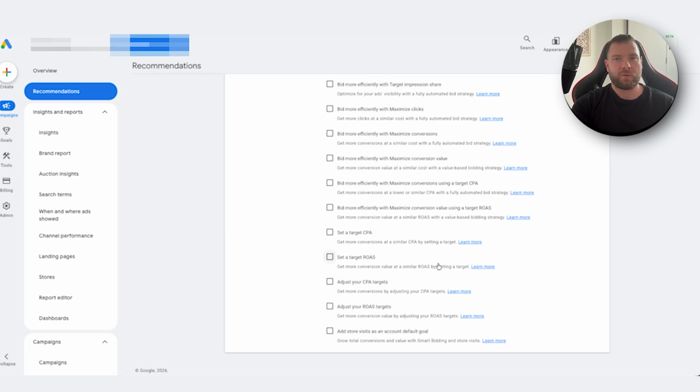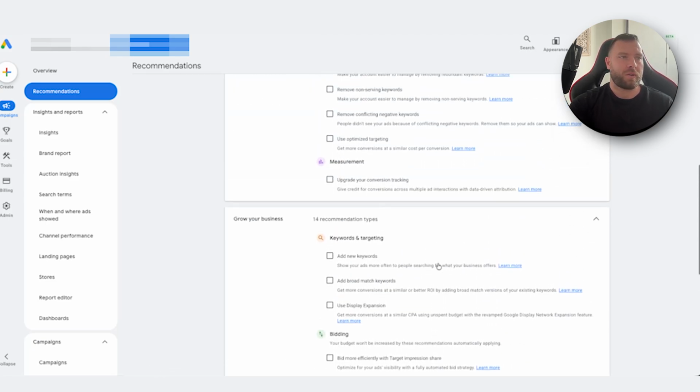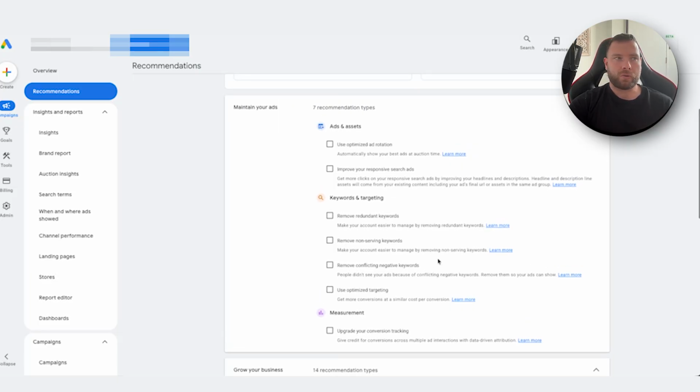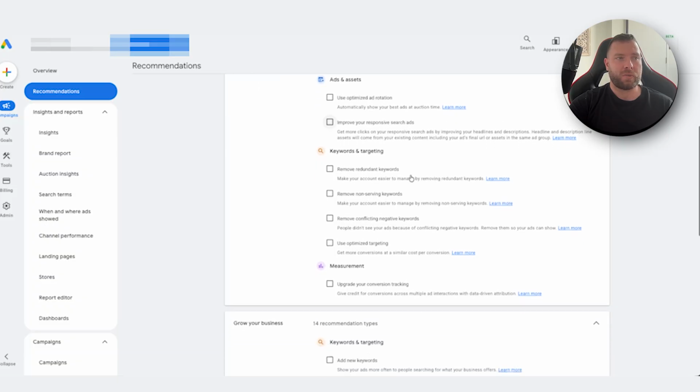Now, we'd recommend turning them all off to make sure that you have complete control of your account and what you do and don't do. But a few of the ones that really affect your campaigns is the improving search responsive ads. This will add headlines and descriptions that you don't agree with. Removing redundant keywords. This will pull keywords out that Google believes are conflicting.